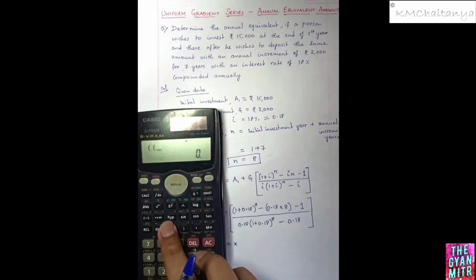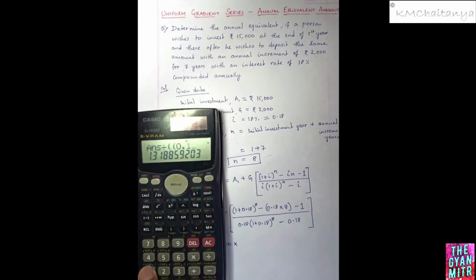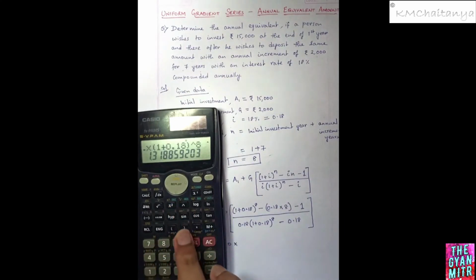Okay, 1 plus 0.18 to the power of 8 minus 0.18 multiplied by 8 minus 1, this divided by 0.18 multiplied by 1 plus 0.18 to the power of 8 minus 0.18.